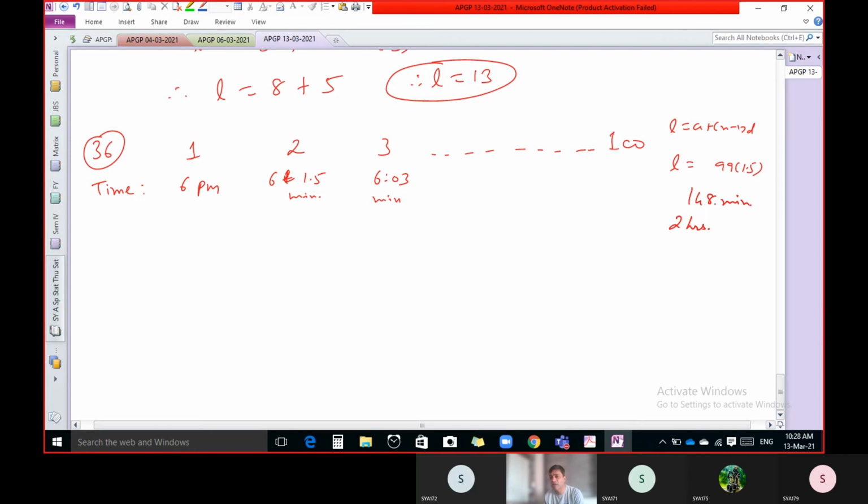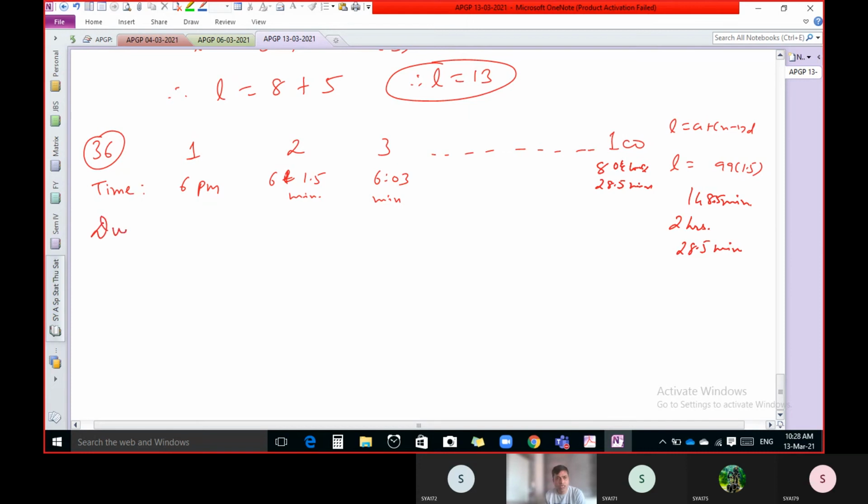So 2 hours completed, and if we subtract 120 we get 28.5 minutes. So after 6 o'clock, 2 hours means 8 o'clock, and 28.5 minutes. He lit this last lamp at 8 o'clock and 28.5 minutes.